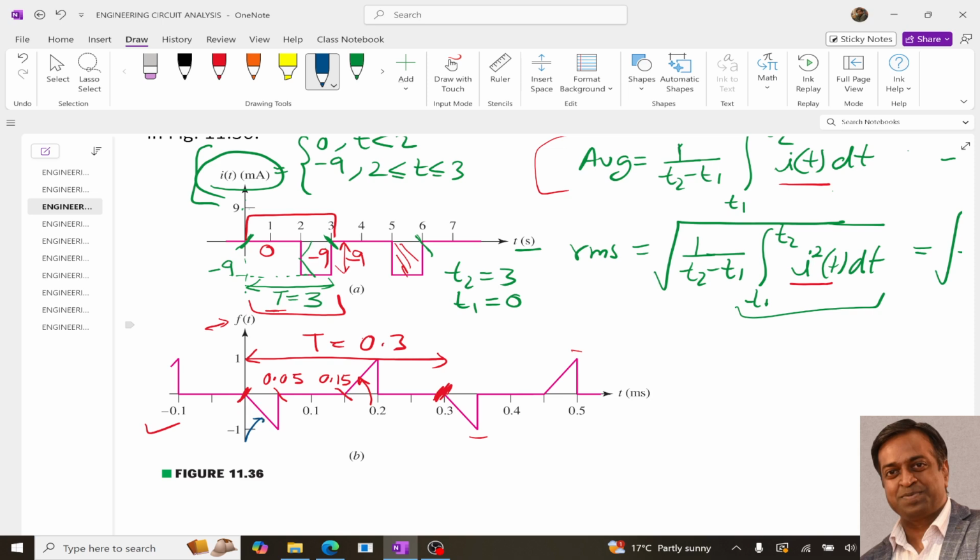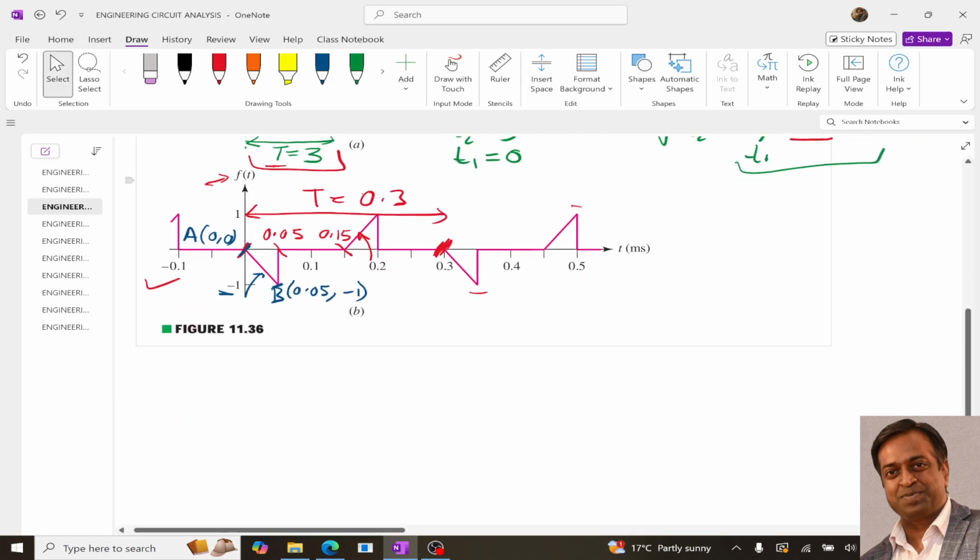So if we calculate this, simply we know that this point is 0, 0, right? And this point, you can see, is 0.05 comma -1, and we know these 2 points, A and B, so from this we can determine the equation.